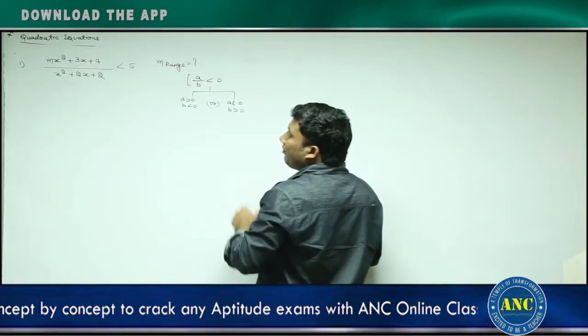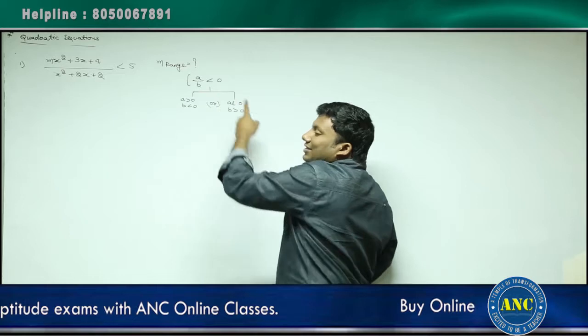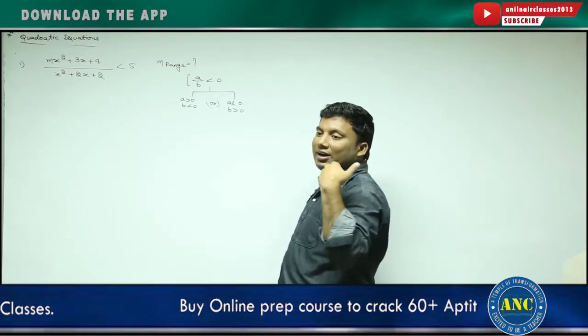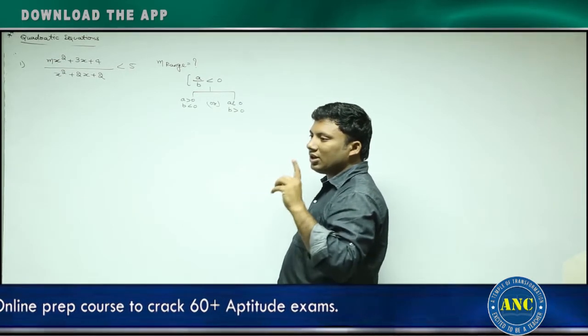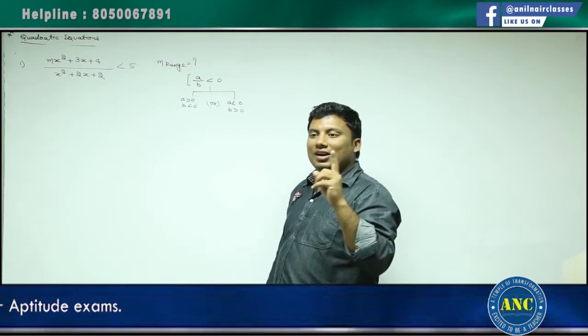So, when a fraction is less than 0, it does not mean that the numerator is less than 0. Numerator positive, denominator negative. Numerator negative, denominator positive. So, first of all, cross multiplication is not allowed when a fraction is less than 0.